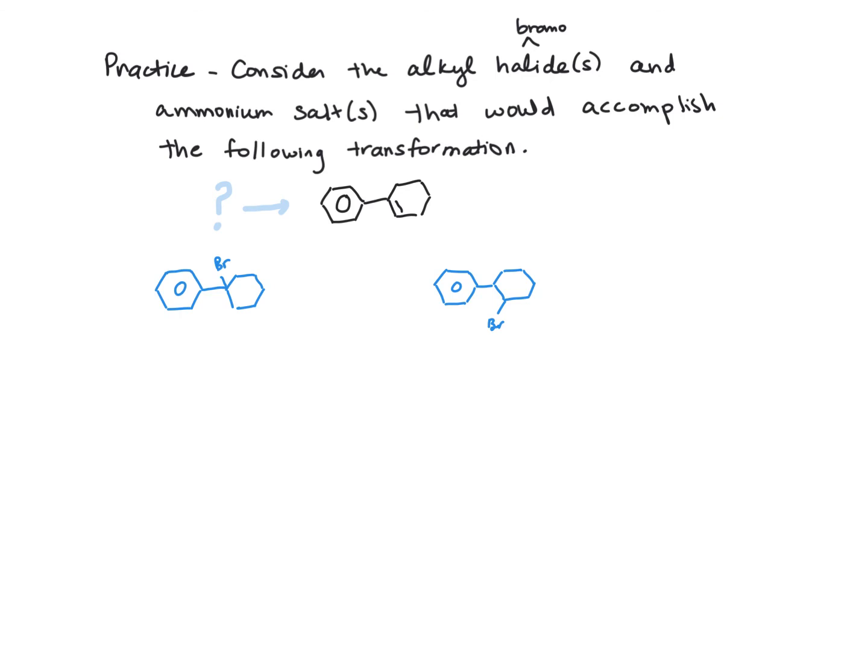Both of these reactions work. You just need a strong base, and you'll form the more substituted alkene. You want to make sure in this case that your base is not bulky, because if it were bulky, then you'd put the alkene here.